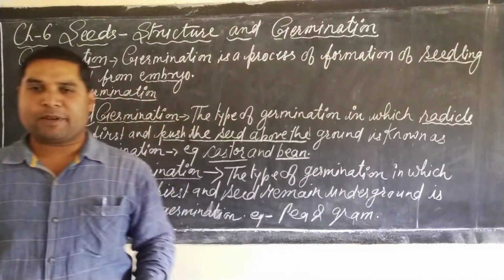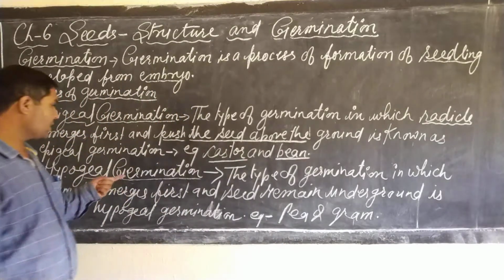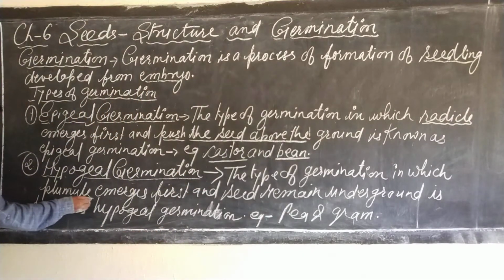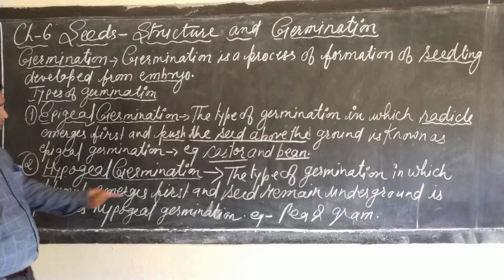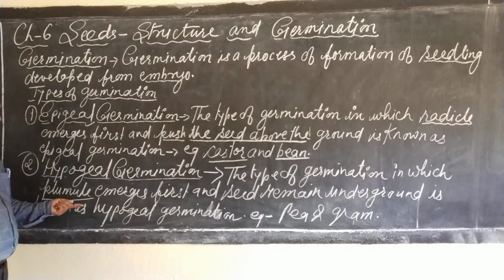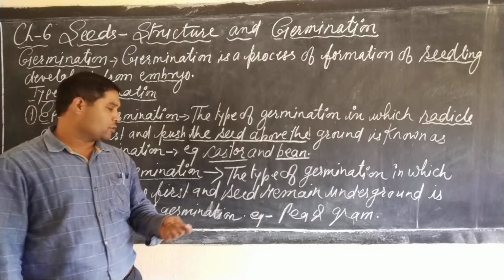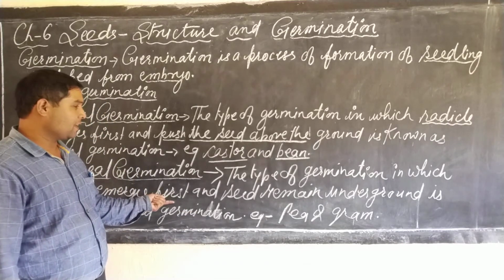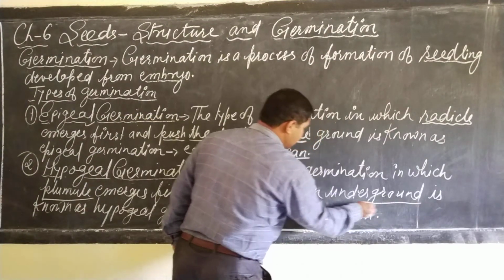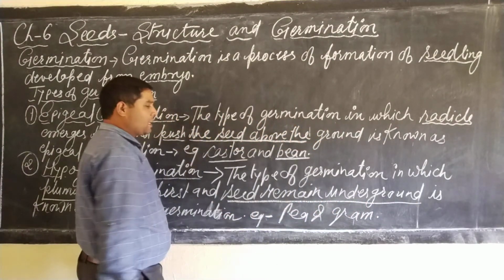in this type of germination, what we see is that the plumule emerges first. Plumule means early shoot system. The early shoot system emerges first and the seed remains under the ground.